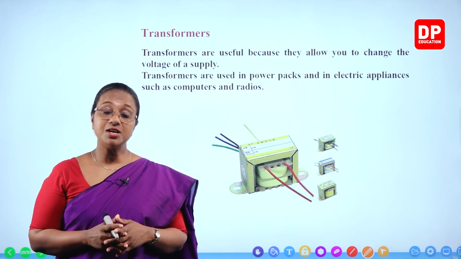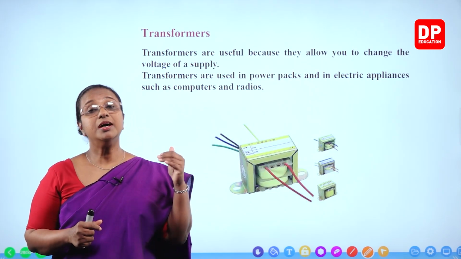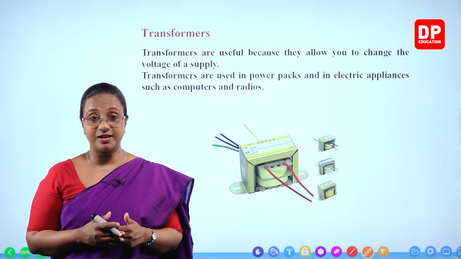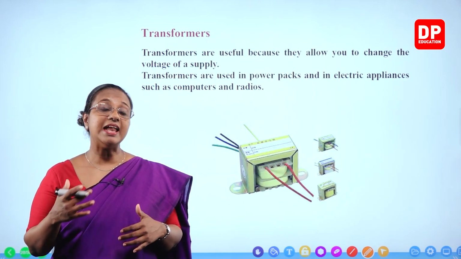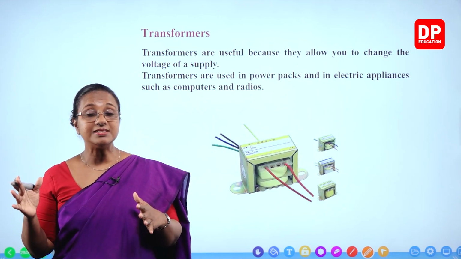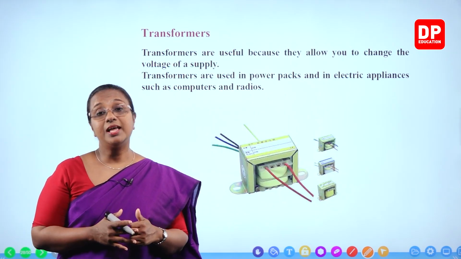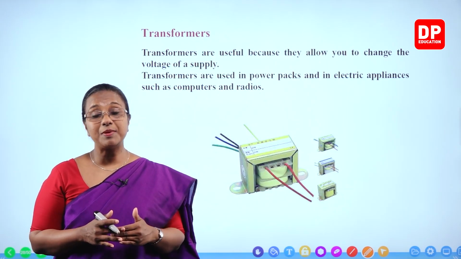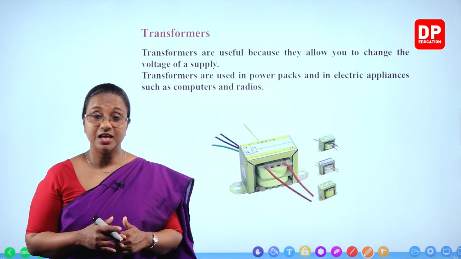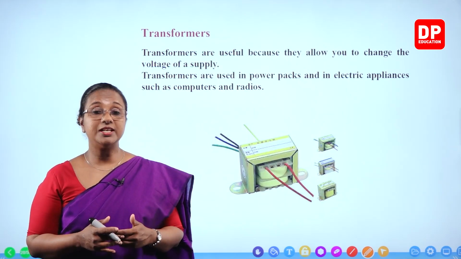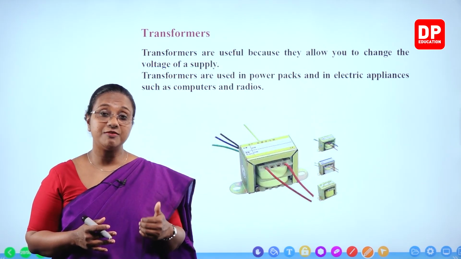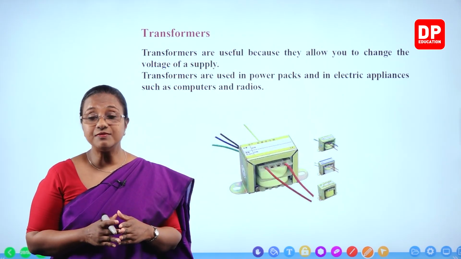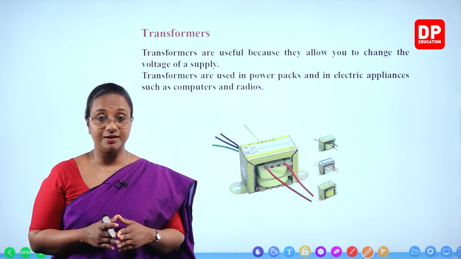Now when we say transformers, you all know a current has voltage and also the magnitude of current, the potential difference and current. When we say the household electric circuit, we have discussed this before, the power that is supplied to the household electric circuit. You can remember it is an alternating current with a potential difference of 230 volts, and it is a 50 Hertz alternating current.